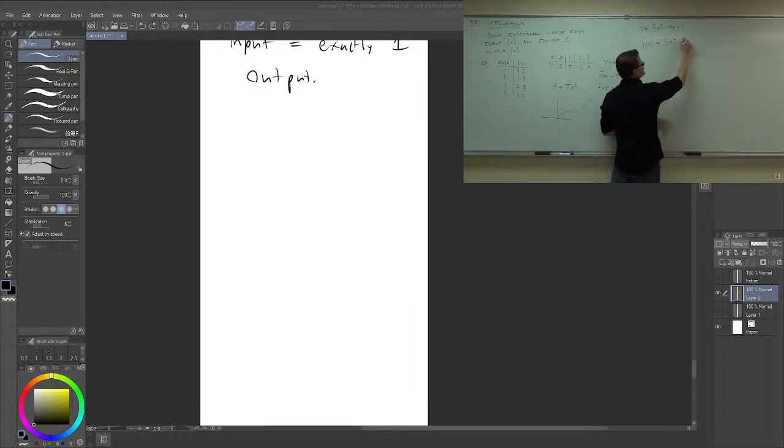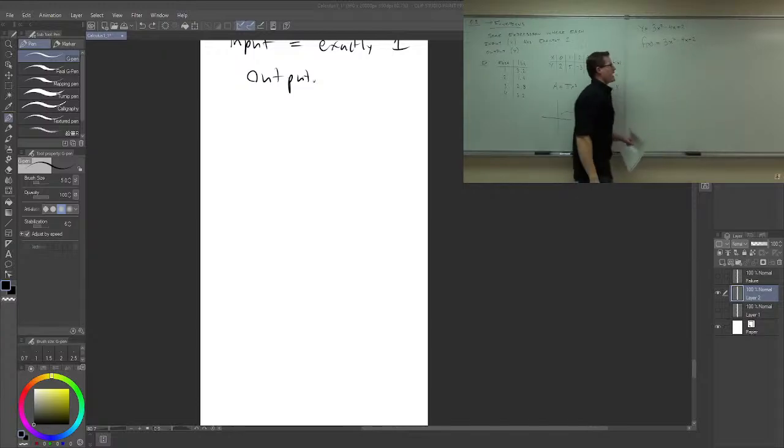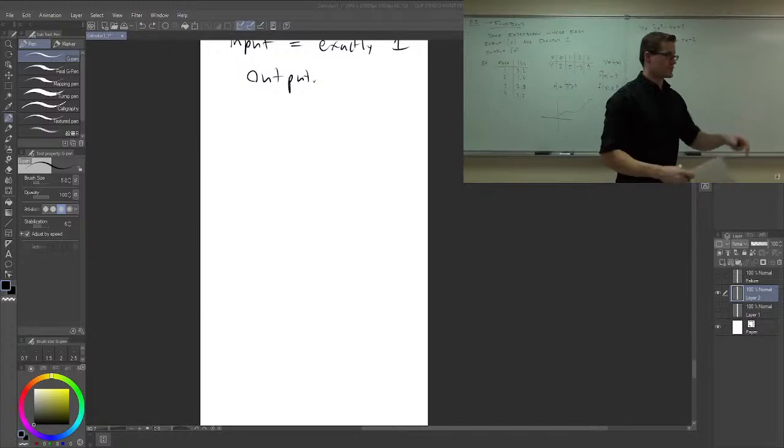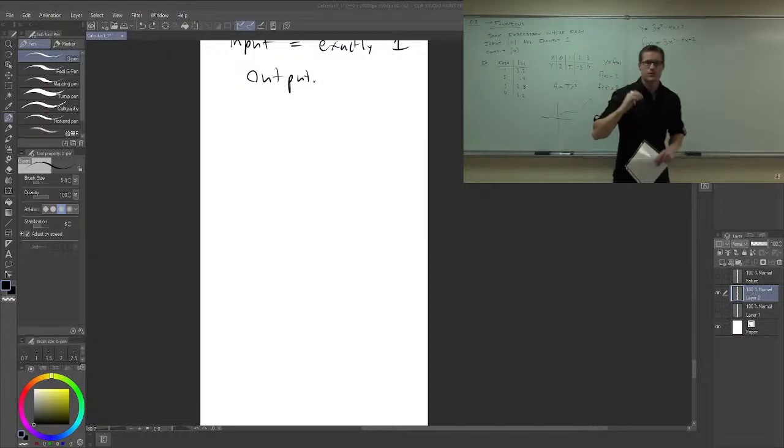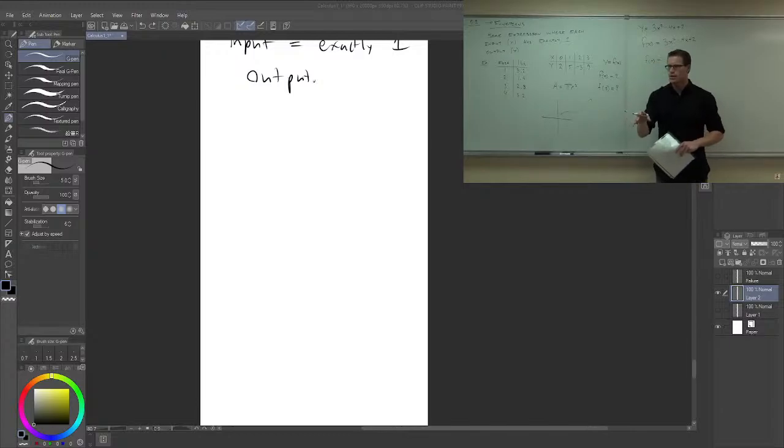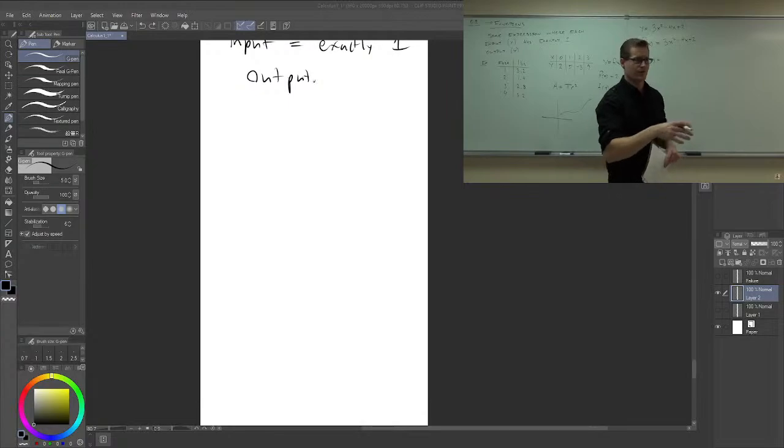Also, if I ask you to plug in a number, the notation inherently tells you what number you plugged in. For instance, can you find me f of 0? What's that supposed to do for you? You're supposed to plug in 0 and find out what the output is.